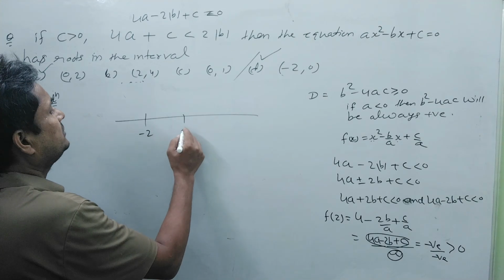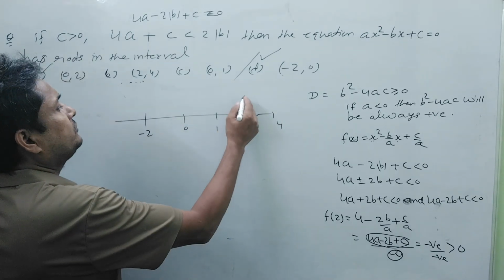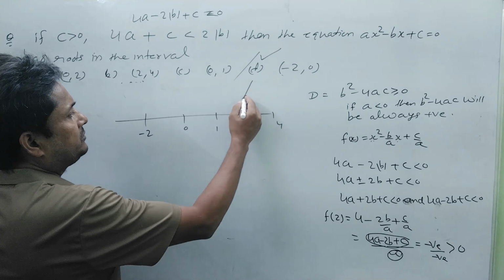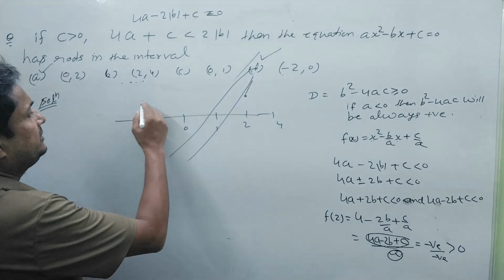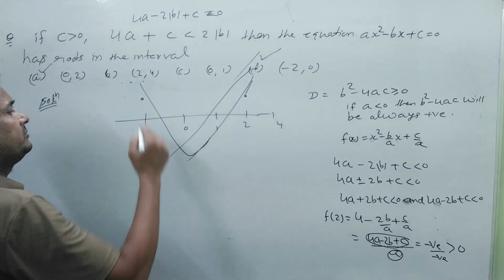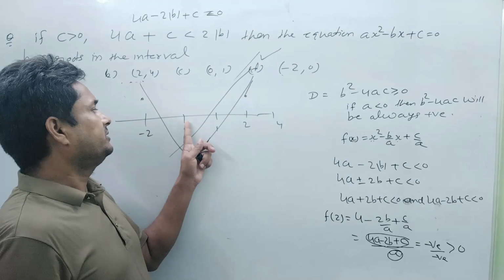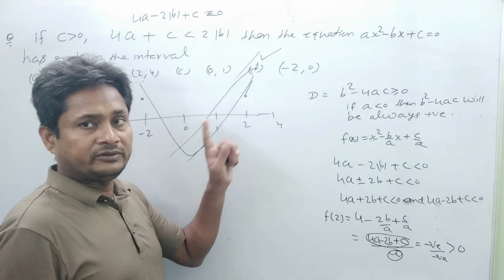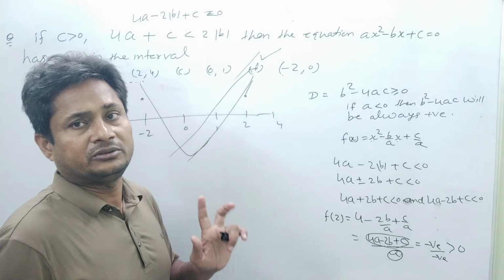Minus 2, 0, 1, 2 and 4. So f of 2 is positive, so definitely the graph will be like this one or this one. But definitely here it is positive, so the graph will move like this one. So one root definitely can be said to be in 0 to 2 and the other root will be in between minus 2 to 0.